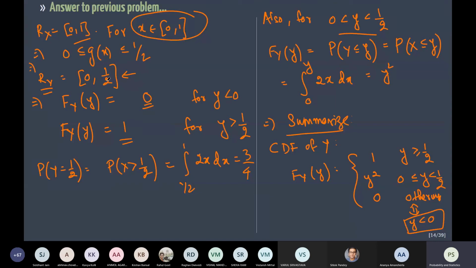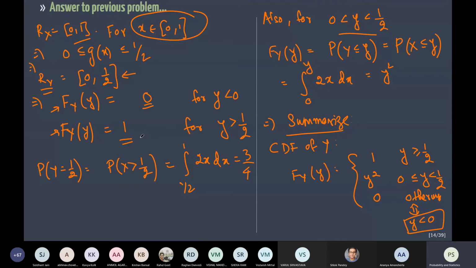Now this gives the range. So immediately this tells me that anything below 0, the lower end of the range, must take the value 0. That's how the CDF is defined. And anything beyond the upper value of the range, it must be 1. In this case, the upper value was half. Now we went ahead and started computing the values of the CDF of y within the range.